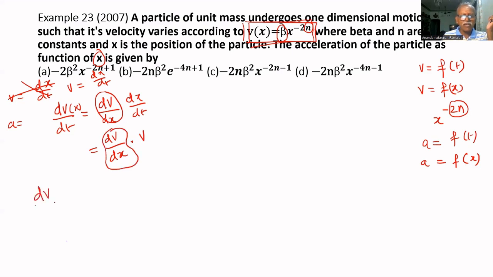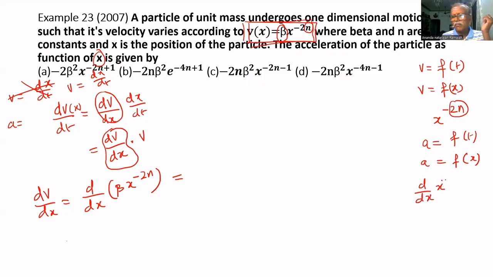What is dv by dx? dv by dx equal to d by dx of v, where v equals beta x to the power minus 2n. If you differentiate with respect to x, what is the formula for differentiation? d by dx of x to the power n equals n x to the power n minus 1, so here x to the power minus n gives minus n x to the power minus n minus 1.